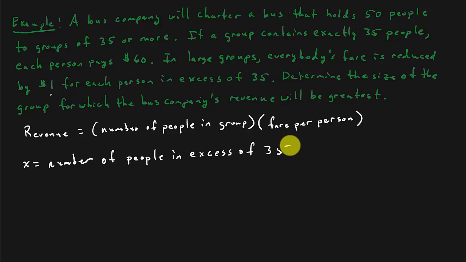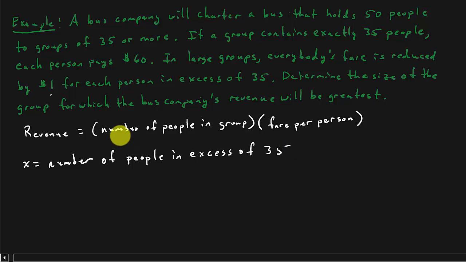Okay, so now what do we need? We need the number of people in the group. So number of people in group, well, that's going to be the 35 plus however many extra we have plus the x.